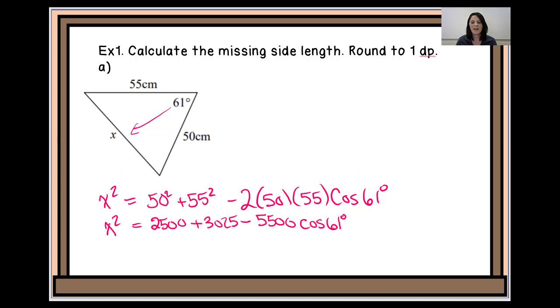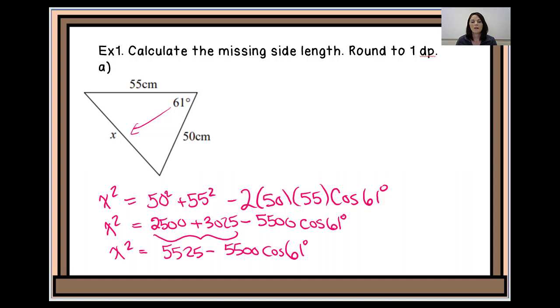So simplifying, we get x squared equals 2,500 plus 3,025 minus 5,500 times cosine 61. So I can add the 2,500 plus the 3,025, but please do not subtract the 5,500. This is the most common error when making this calculation. Okay, so simplifying further.